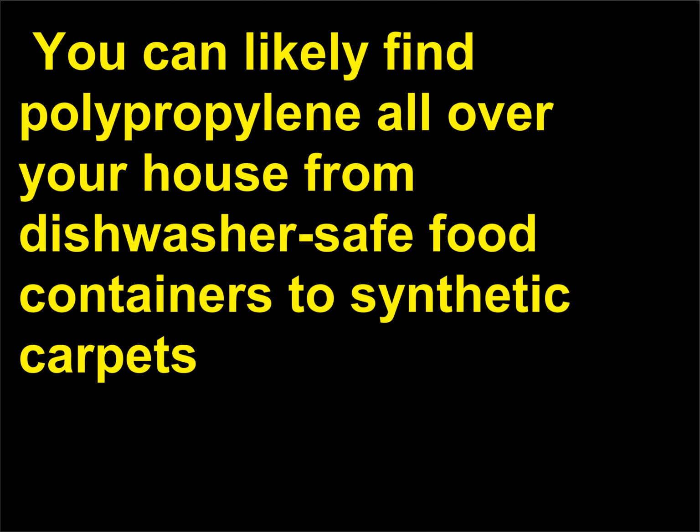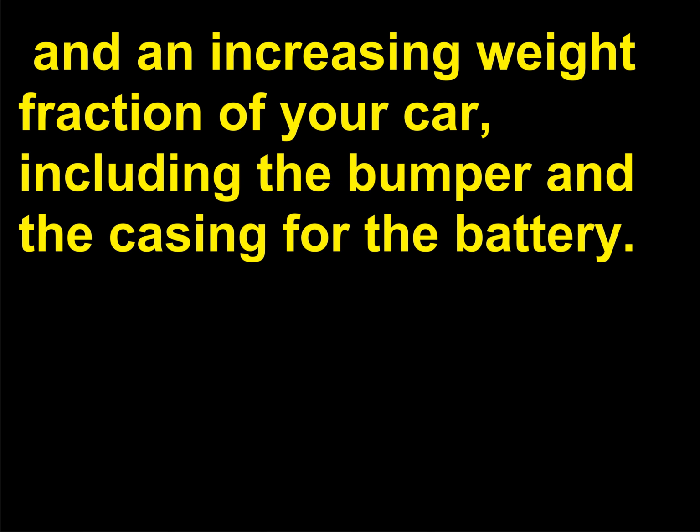You can likely find polypropylene all over your house, from dishwasher-safe food containers to synthetic carpets, especially outdoor carpeting, and an increasing weight fraction of your car, including the bumper and the casing for the battery.